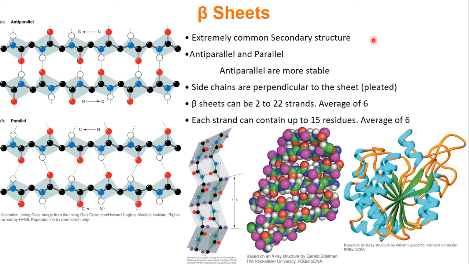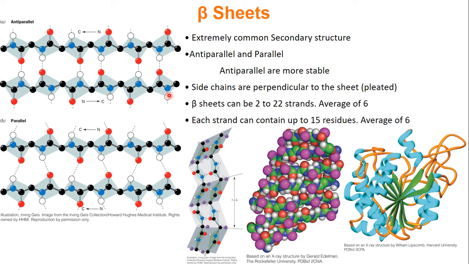The other type of common secondary structure are your beta sheets. Here, they actually form in sheets, and you have 2 types. You have anti-parallel, where on one side you're going N to C, and the other side you're going N to C in the opposite direction. Parallel is where your N to C and N to C are running in the same direction.